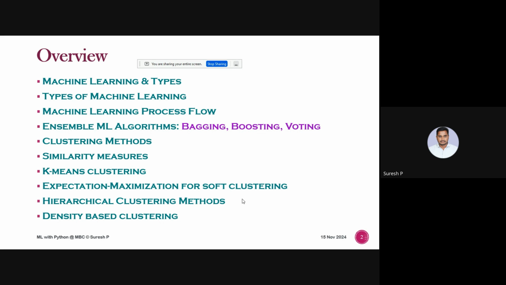Then we are going to discuss three clustering algorithms particularly: k-means clustering, hierarchical clustering, and density-based clustering. We will also discuss EM, that is expectation maximization, for soft clustering. So these are the topics.